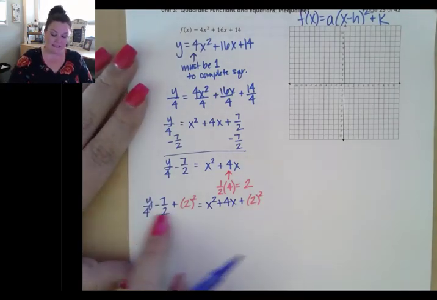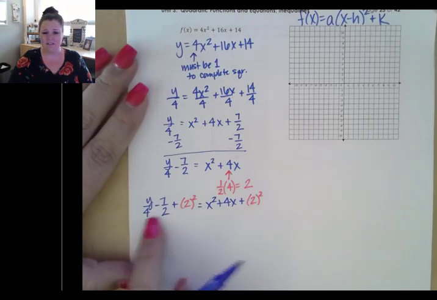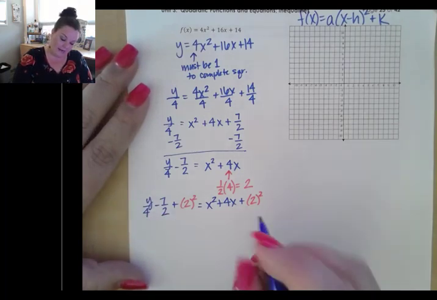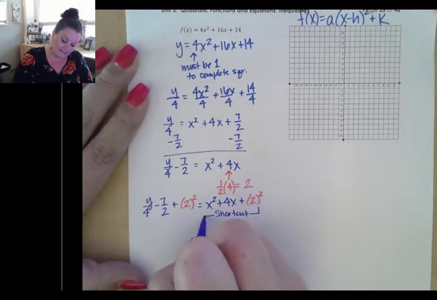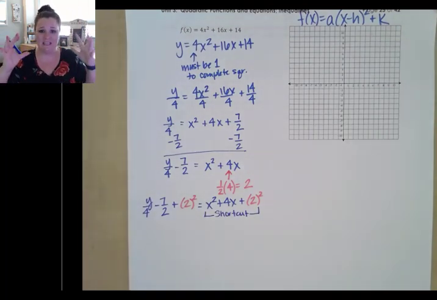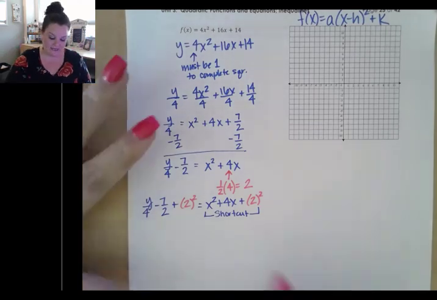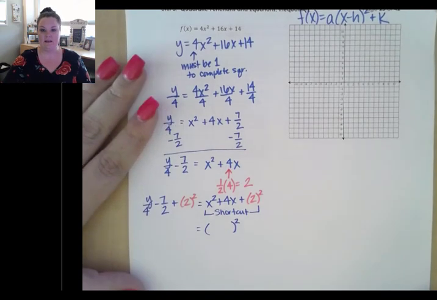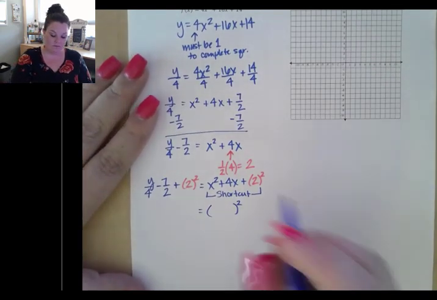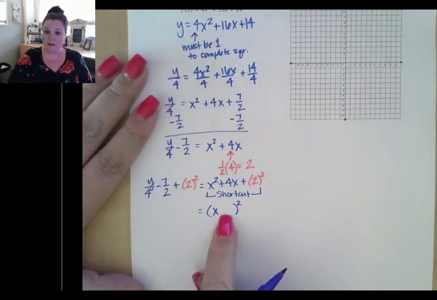So on this side over here, the left-hand side, I'm going to have to do some simplifying, right? But on the right-hand side, I can go ahead and use my shortcut. My shortcut says that this entire side that contains these x variables is going to factor down into a perfect squared quantity. And we know it factors into our variable plus or minus, right?